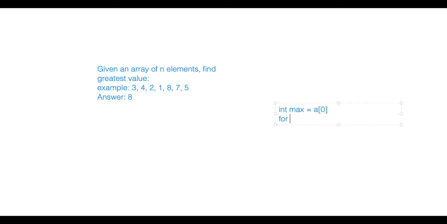And then we say, for int i equal to 1, i less than n, plus plus i, if a of i is greater than max, max equal to a of i. Right? We are done.